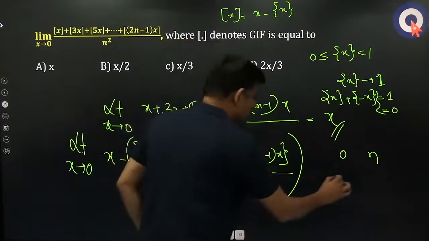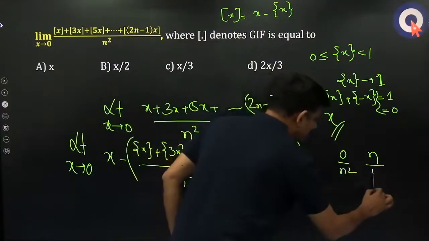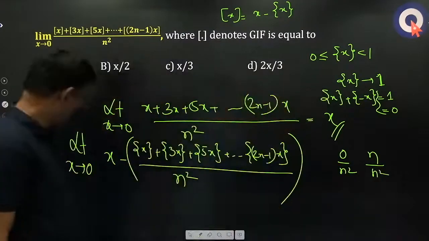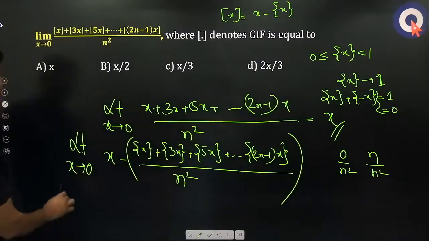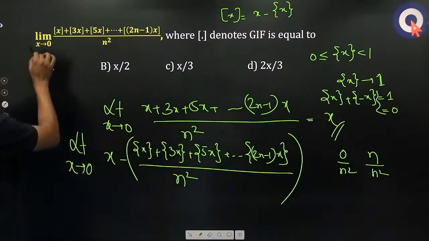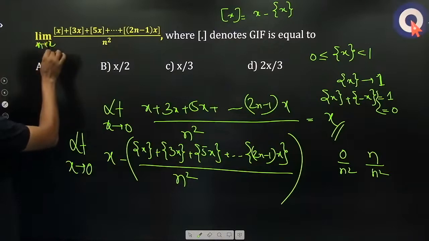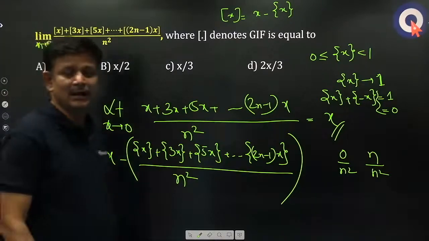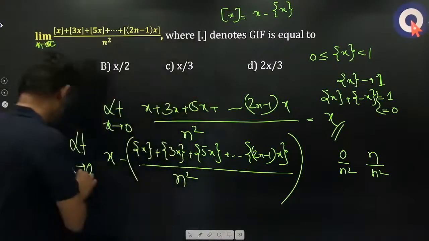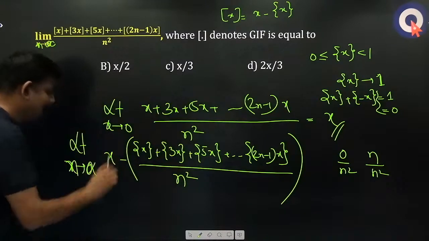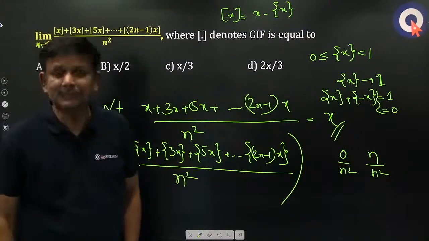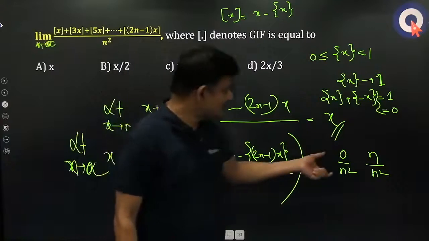Now what is our question? By n square, and limit n tending to, sorry, this should be limit n tending to infinity. N is tending to an infinitely large number.